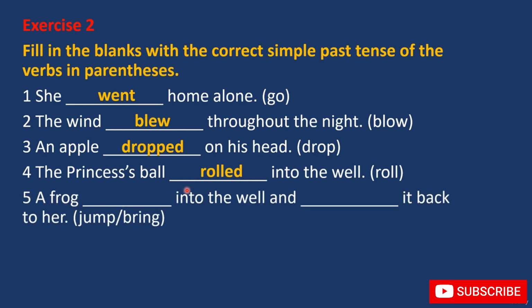A frog into the well and it back to her. This is a story, by the way. So a frog jumped into the well and bring, present. What is the past? Bring it? No. Brought. So bring, present, the past is brought.